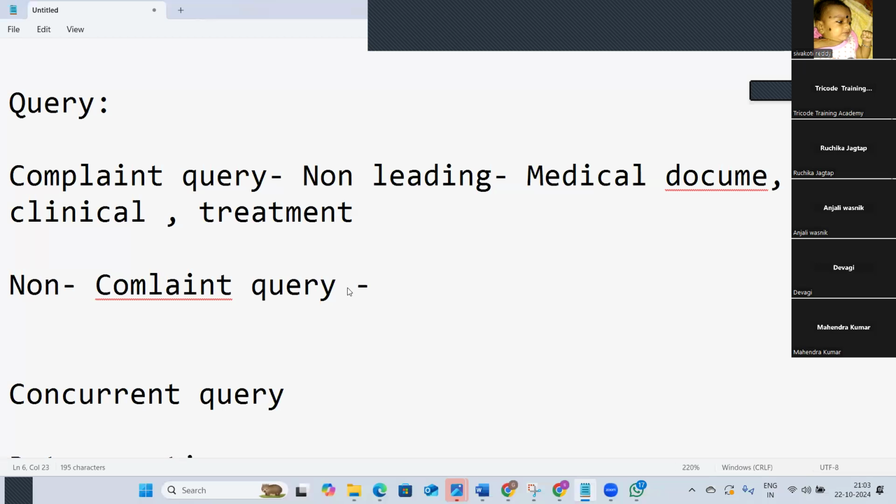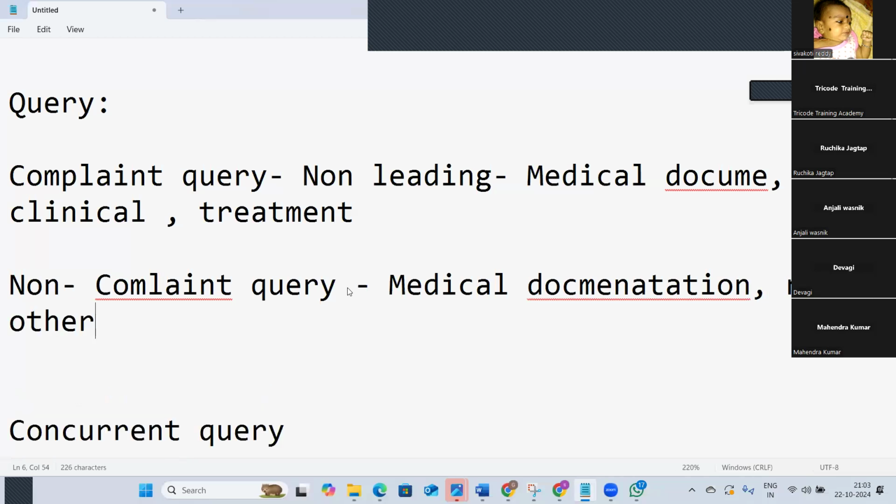If something is missing, suppose I provided only medical documentation and not any clinical indicator or treatment, then it is a non-compliant query, right? No other documentation or support was provided.